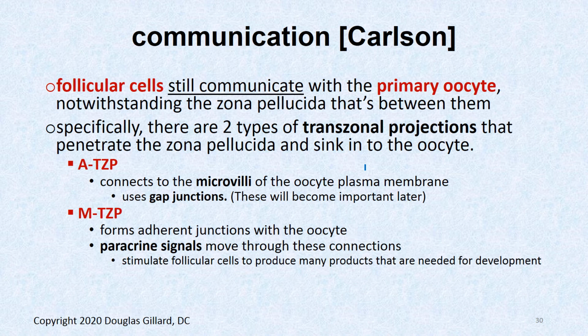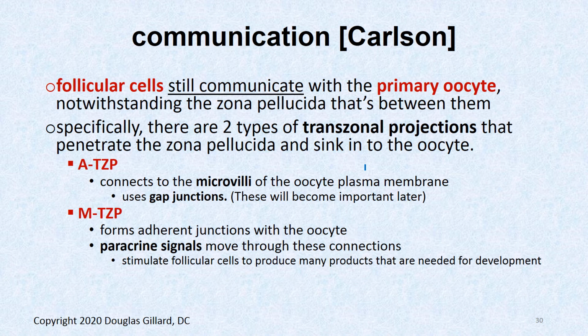I didn't say this, but there are actually microvilli, little hairs that come off the oocyte plasma membrane, just like the enterocytes have microvilli. So do these. And these ATZPs connect to that, and via gap junctions, messages can be sent from that outside layer into the oocyte itself.